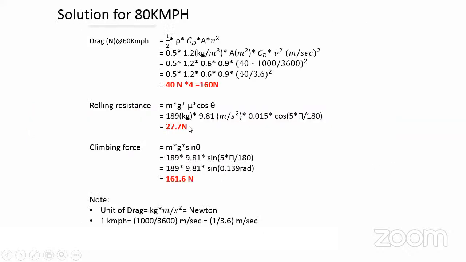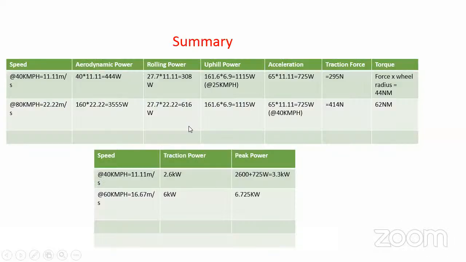If you calculate this, the final conclusion says that if you move at 40 kilometers per hour, you will have an aerodynamic power. Even to overcome the aerodynamic drag, you have to supply around 444 watts.